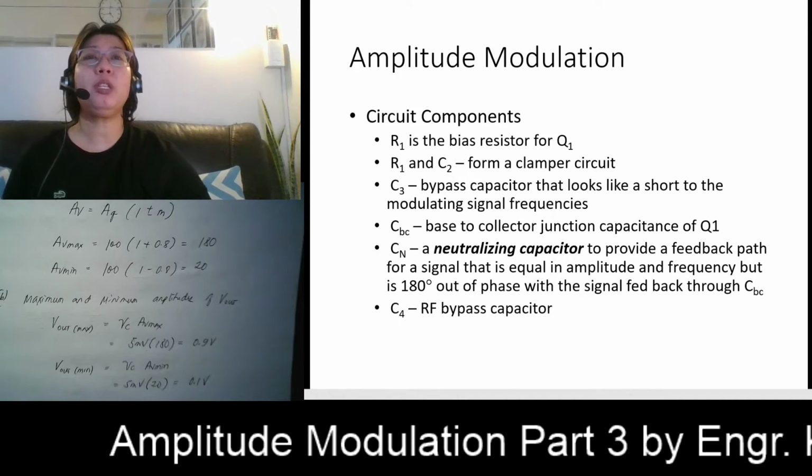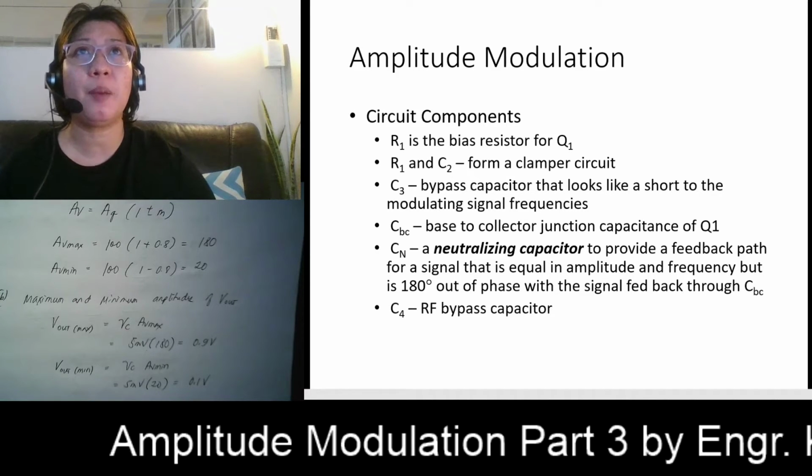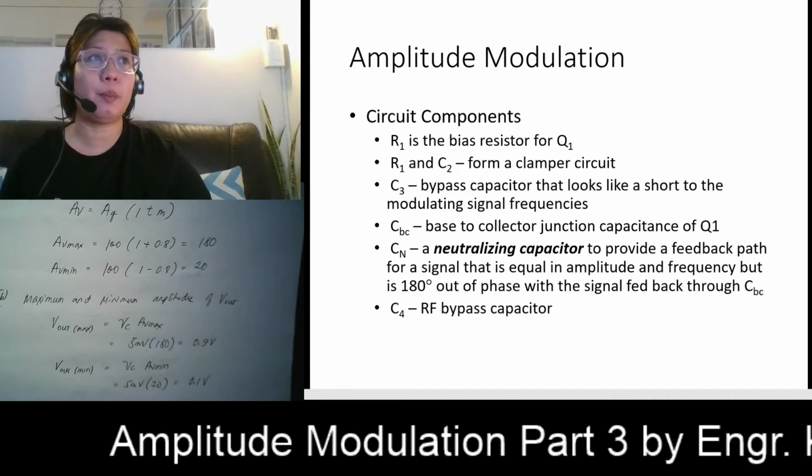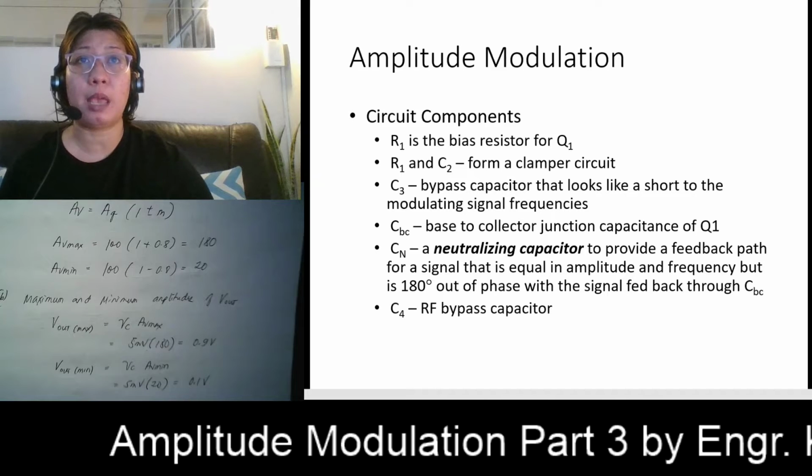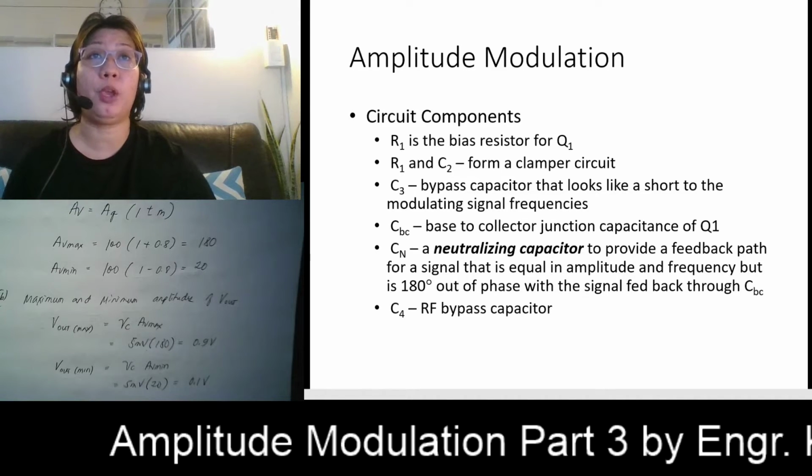So we have here your C4, like your C3. This is also a bypass capacitor, but it is an RF bypass capacitor. Your RF bypass capacitor has also a purpose of isolating the DC power supply from the radio frequency.